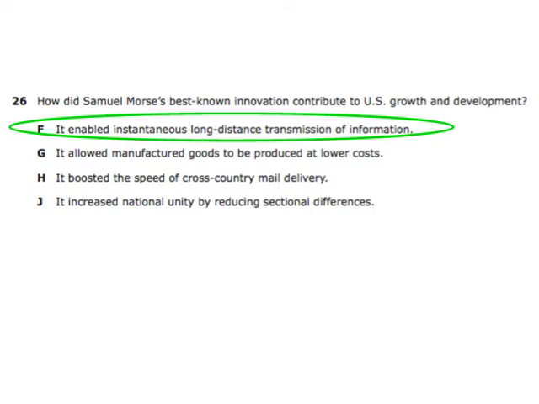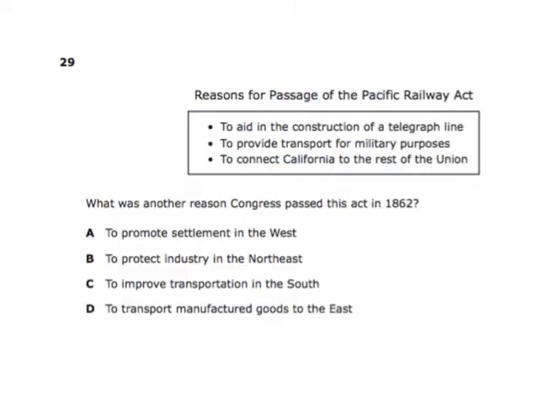Telegram. I'm mixing those up in my head right now. The telegraph. I don't know why I'm mixing that up. Either way, that was Samuel Morse with the Morse code, right? It allowed us to instantaneously transmit information for the first time across the United States.